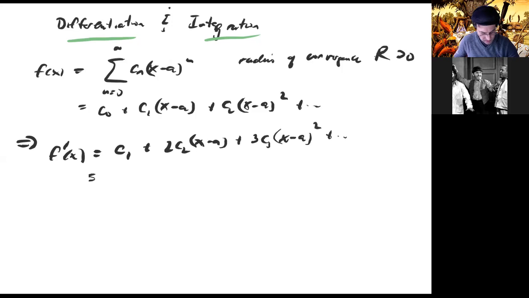In other words, this is the sum, n goes from 1 to infinity, of n times Cn times (x minus a) to the n minus 1.